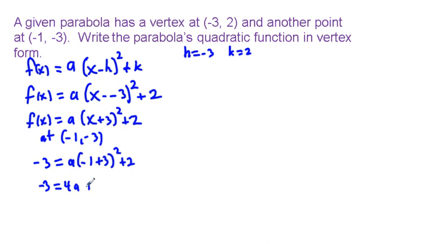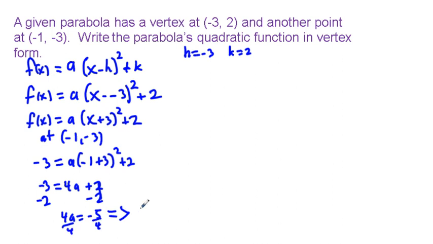plus 2. And solving for a, if we subtract 2, we get 4a is equal to negative 5. And working to the right, we divide both sides by 4.